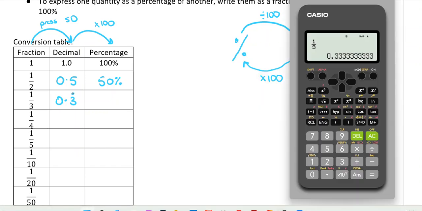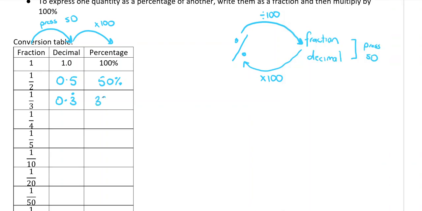And now change it into a percentage by timesing by 100. If you don't like the mixed numeral, press Shift SD and then change it into a mixed numeral. We don't want to see an improper fraction. So that's 33 1/3%. See if you can do the quarter.